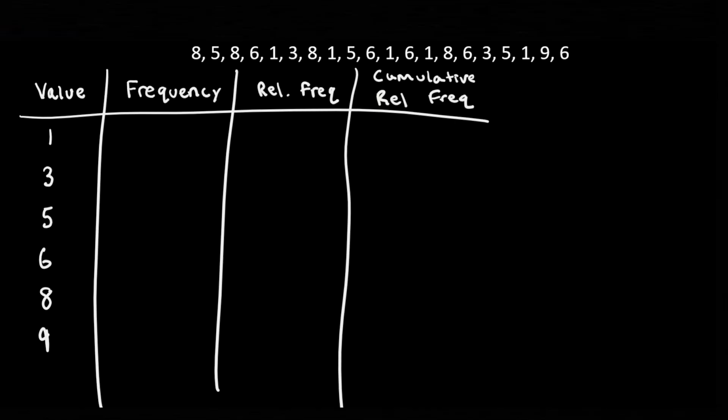So frequency just represents the number of times our value appears in the data set. So we can just count this.